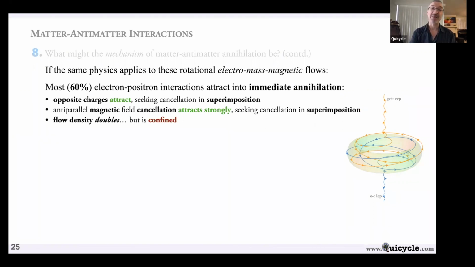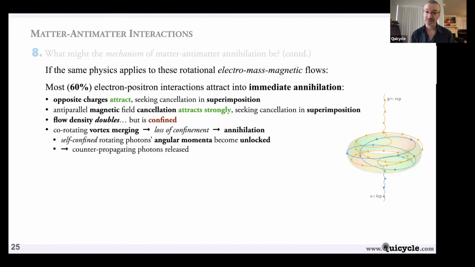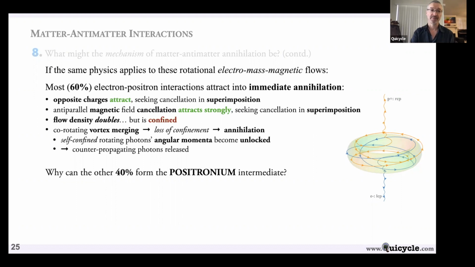So if this same vortex merging is going to take place, it makes sense that we're going to cause a loss of confinement to occur, because you have two particle resonances whose internal flows are now interfering with one another. So it makes sense that that might disrupt that harmonic coherence. And as soon as that coherence becomes disrupted and the photons are no longer held in that coherence, they will annihilate and they will propagate out in their linear form as circularly polarized photons moving off in opposite directions in order to maintain angular momentum.